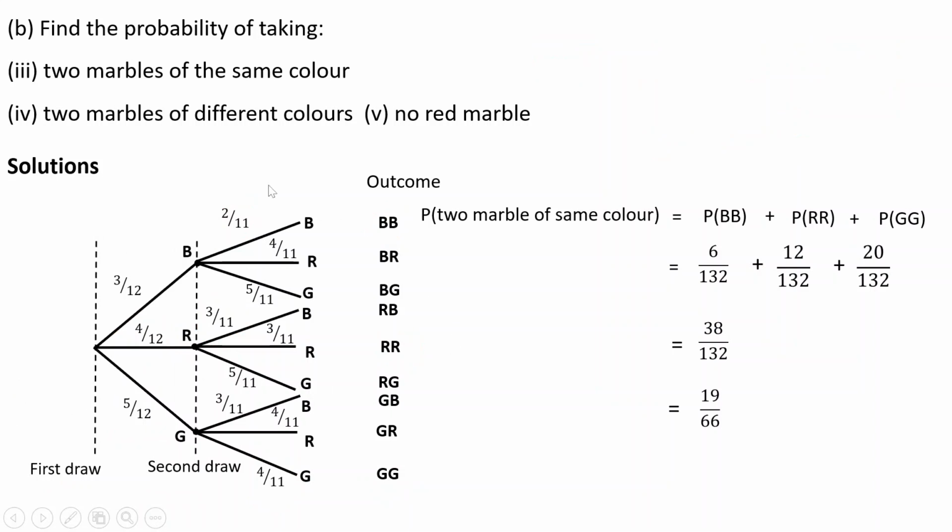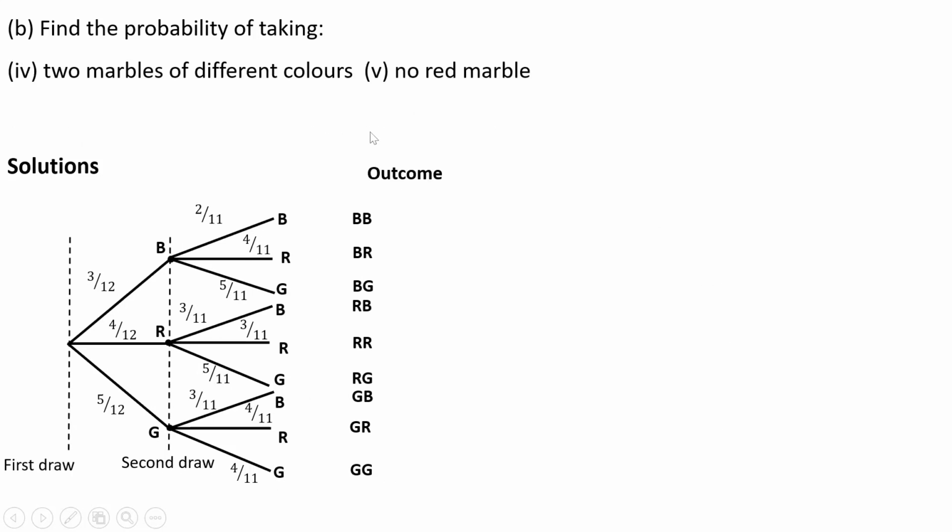Then we move to the third question or fourth question, which says two members of different colors. Okay, so we know those of different colors. We have this one here, this one here, this one here, this one here. These are of different colors. Or you can use this short formula.